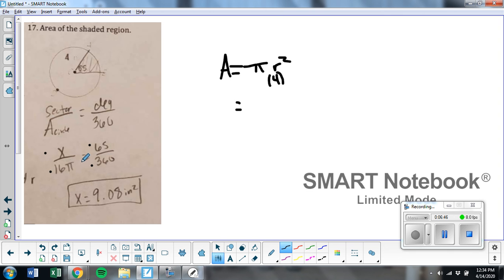Now you just need to cross multiply: 16 pi times 65 equals 360x, and then solve by dividing by 360. That's how I get x. Let me type it in just to double check. Yep, 9.08 inches squared would be the area of that shaded region.